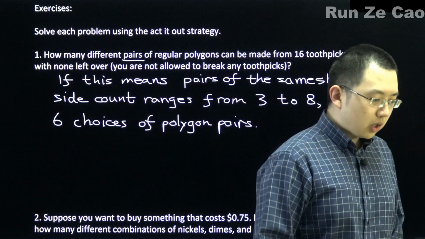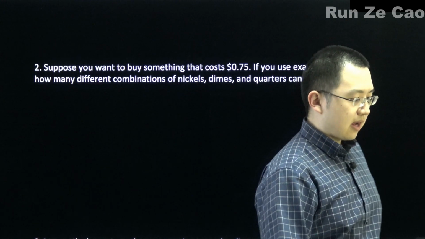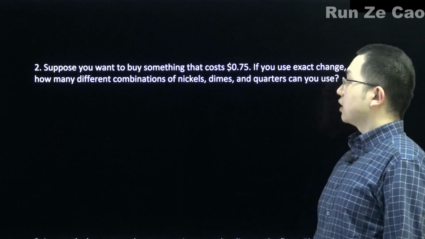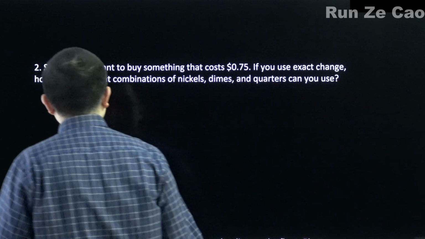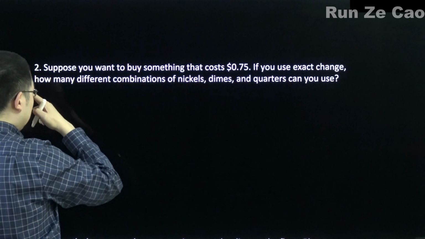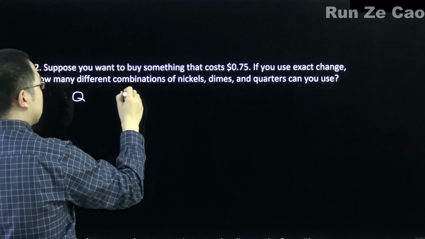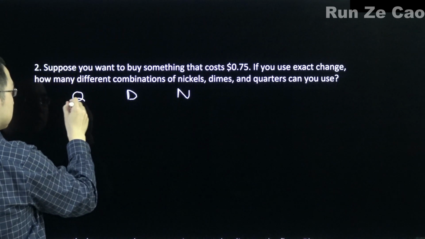Now suppose you want to buy something that costs 75 cents. If you use exact change, how many different combinations of nickels, dimes, and quarters can you use? Well, in this case, you really actually do kind of have to act it out. So, quarters, dimes, and nickels, and you would just make a table.